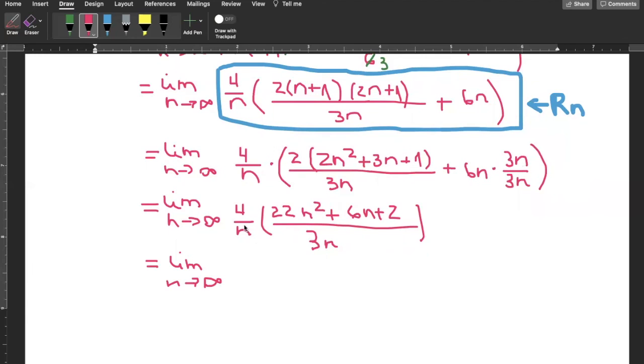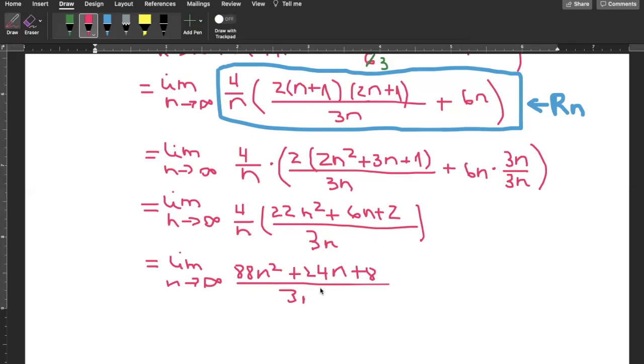So that would become multiplying everything in the numerator by 4, we'll get 88 n square plus 24 n plus 8 over the denominator, which would be 3n square.